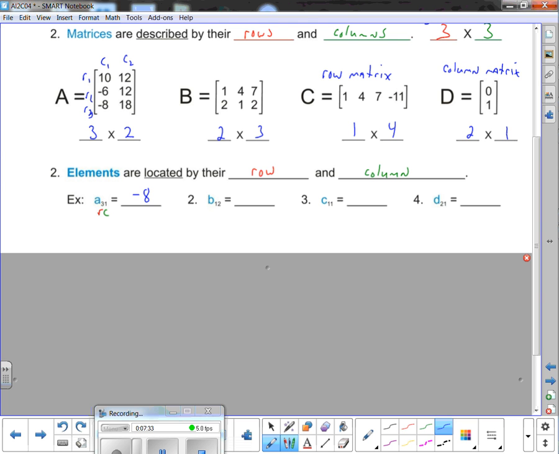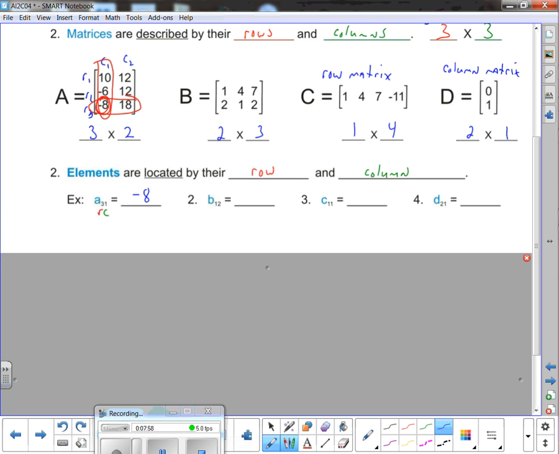All right, so again, let me show you that here on matrix A. Here's row 3, and where does it intersect column 1? At element -8, right? Row 3 intersects column 1 at element -8. All right, so what would B sub 12 be? Which element is B sub 12?